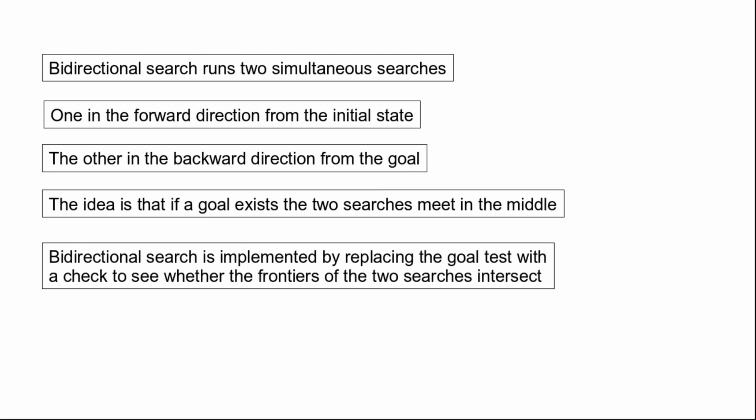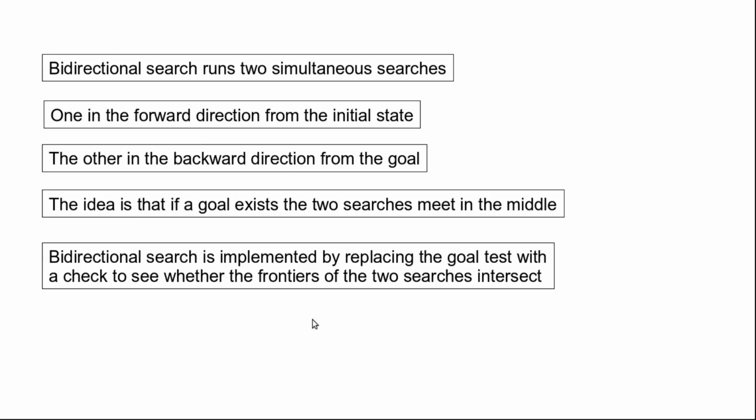What we mean by the two searches meeting in the middle is that the forward search will maintain its frontier list. Similarly, the backward search will also maintain its fringe list.